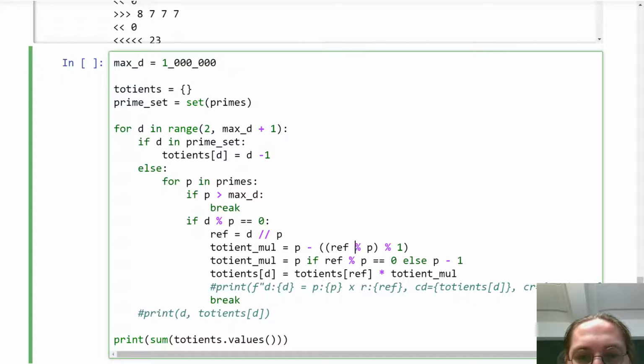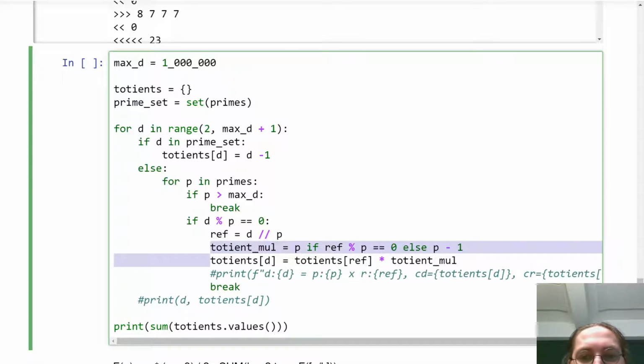Just do if ref mod p, we remove this one. Totient D is totient ref times p anyway. Totient D is totient ref times p. And then, if ref times p is 0, then totient D minus is totient ref. That's what I had earlier, and you said that this was ugly.